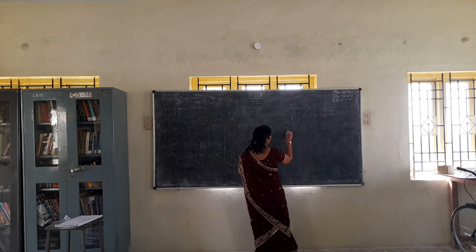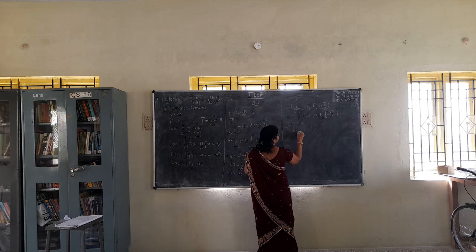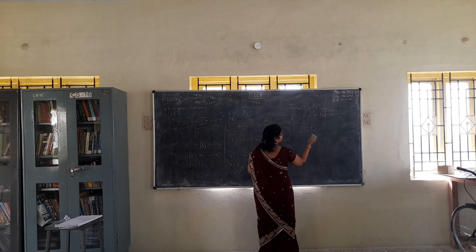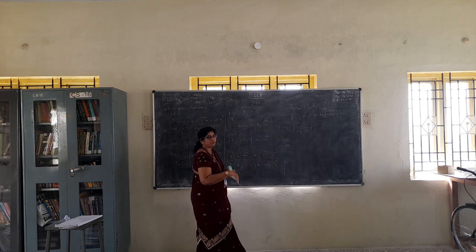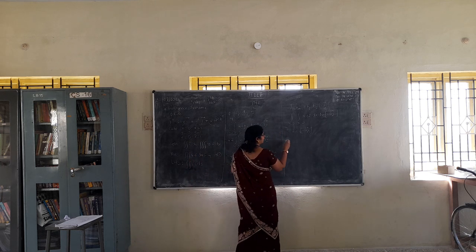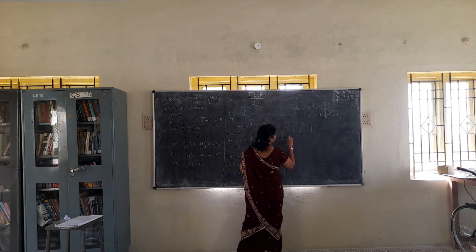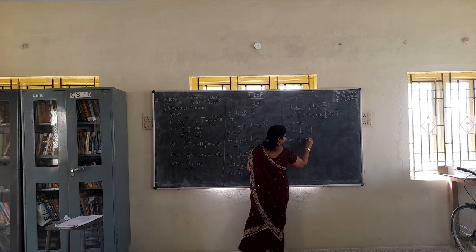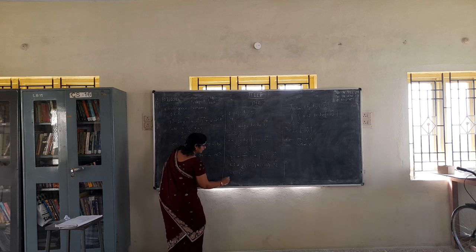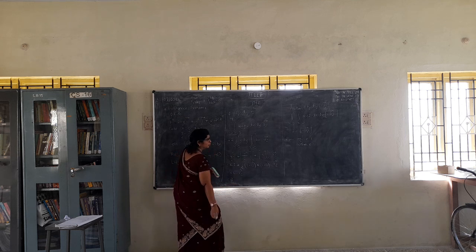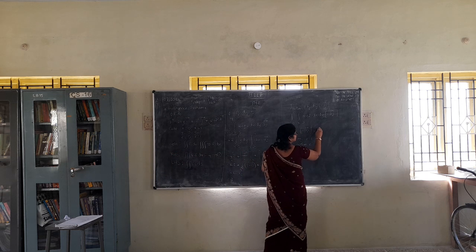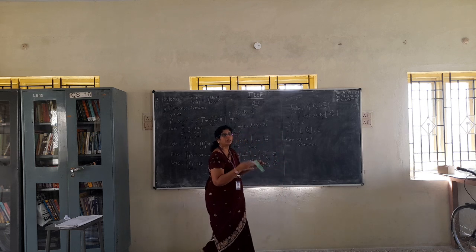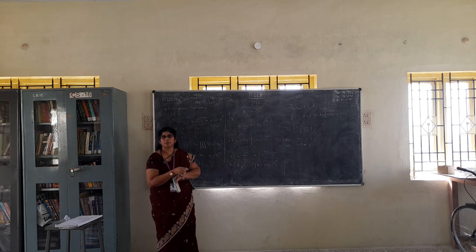Solving it, you will get 2z into minus az vector. Again we substitute: for the top portion take z as 1, for the bottom take it as 0. So here the value is 2, here the value is 0.